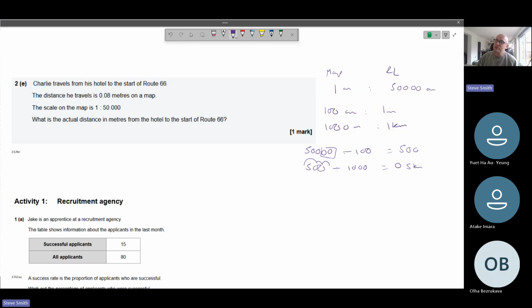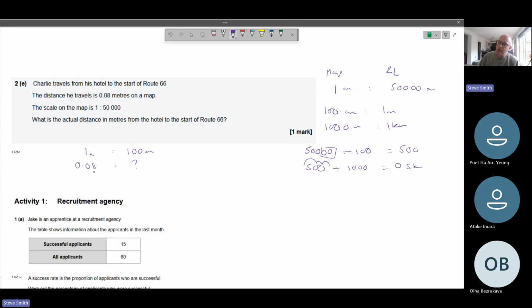So he's saying the distance on the map is 0.08 meters. If I say that 1 meter equals 100 centimeters, and I've got 0.08, what's the centimeters for that?